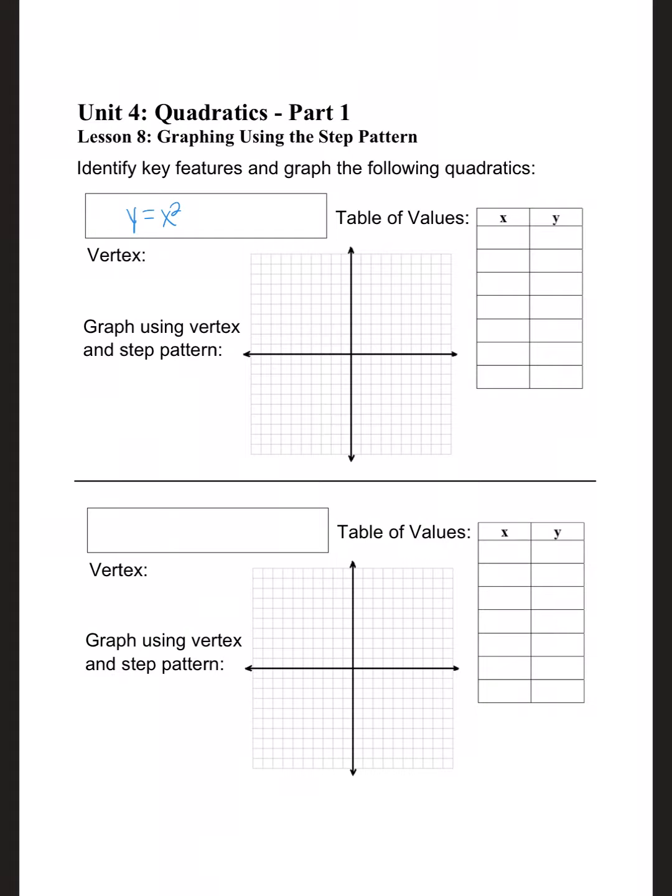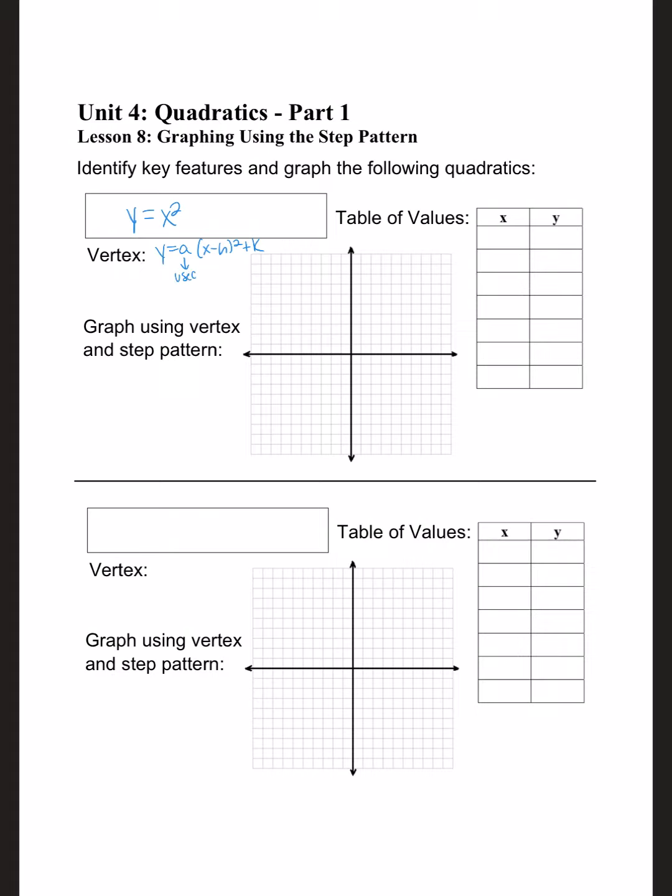So if we think about this in vertex form, because vertex form is the way that we would use our step pattern to graph, our vertex form is usually y equals a times (x minus h) squared plus k. Remember, I said we're going to use this a value a bit more.